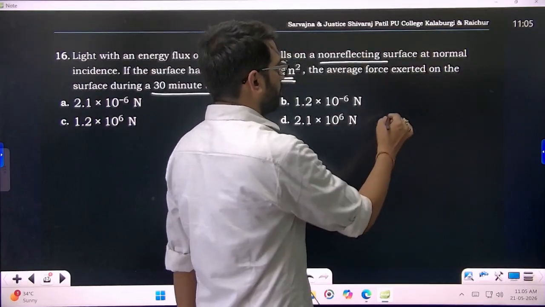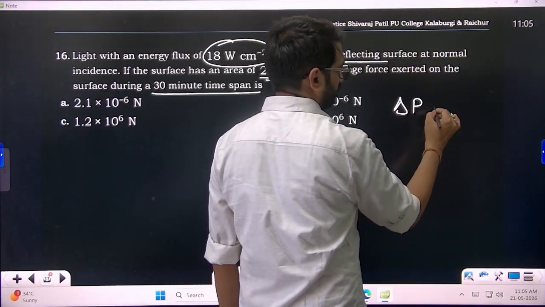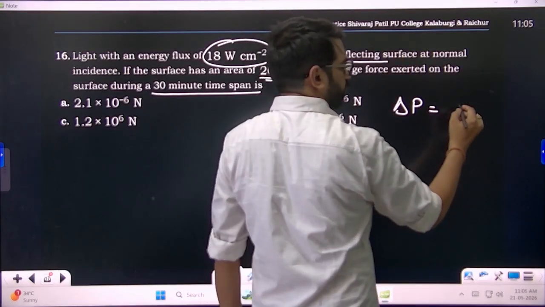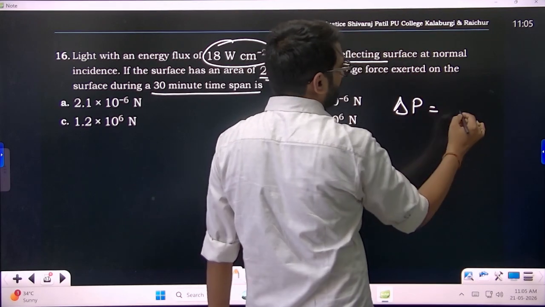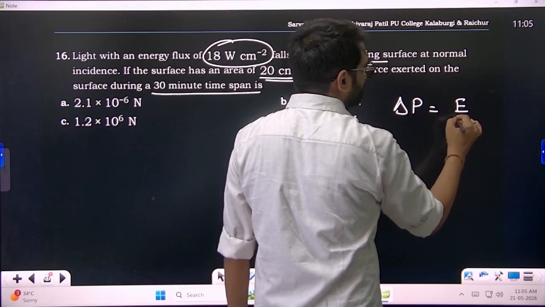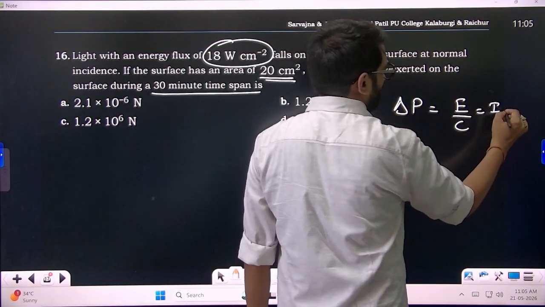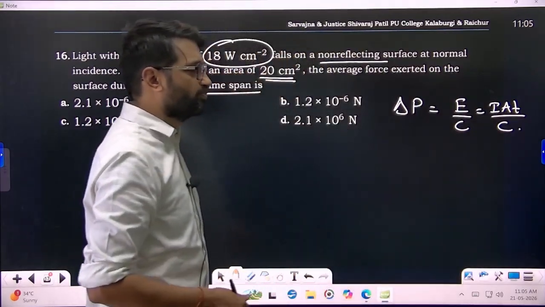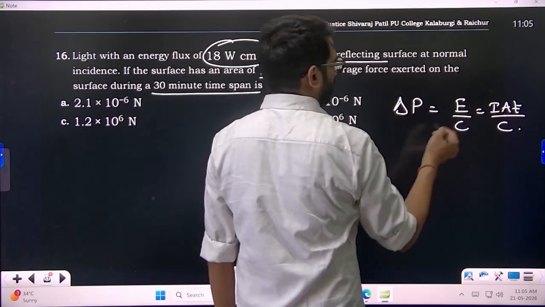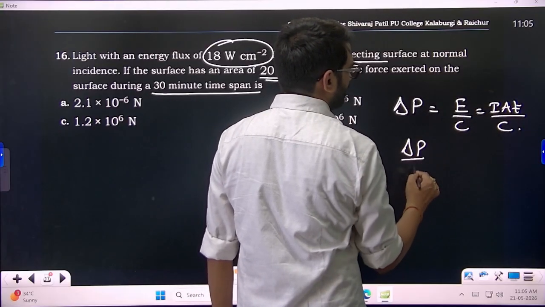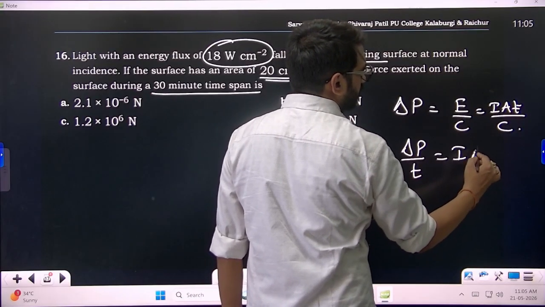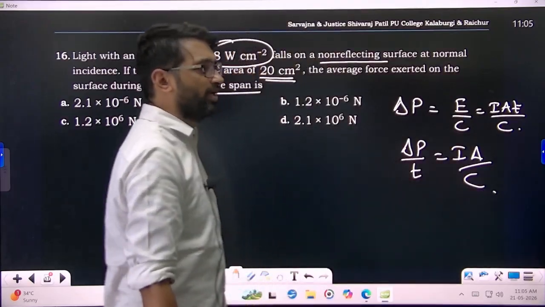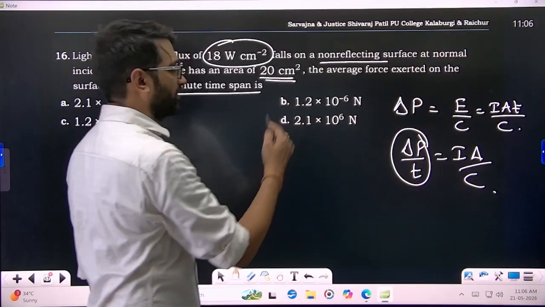So change in momentum, just now we have written in one of the problems, for a non-reflecting surface, it is E by C, and E is written as IA into T divided by C. This is change in momentum. Time comes to this side, so delta P divided by T is equal to IA by C.